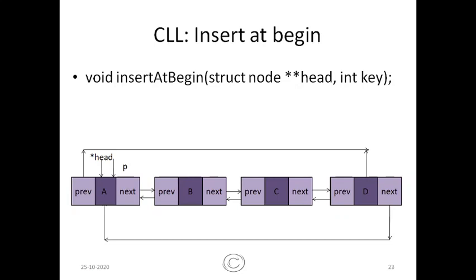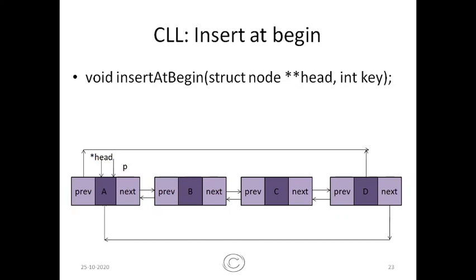Now this is one basic operation. This is one special case for insertion of a key in a circular linked list. Okay, so insert at begin. So what do we mean by insert at begin? It means you are given a first address or head address of a circular linked list.